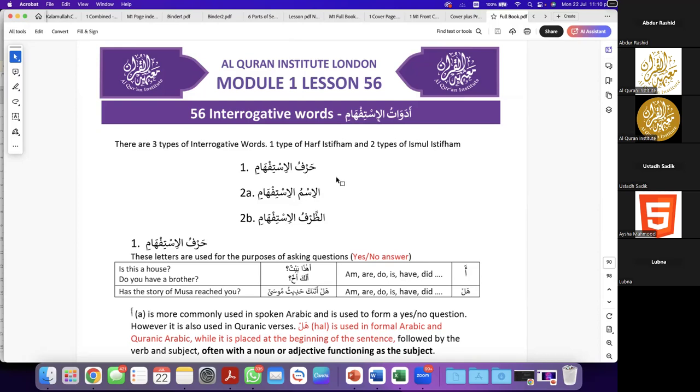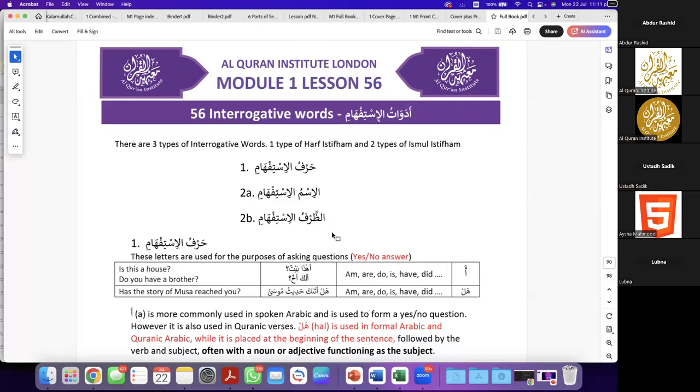We'll go into each category and the differences and how you recognize them, inshallah. And at the end, we'll summarize an easy way for you to remember which word falls into which category, inshallah.